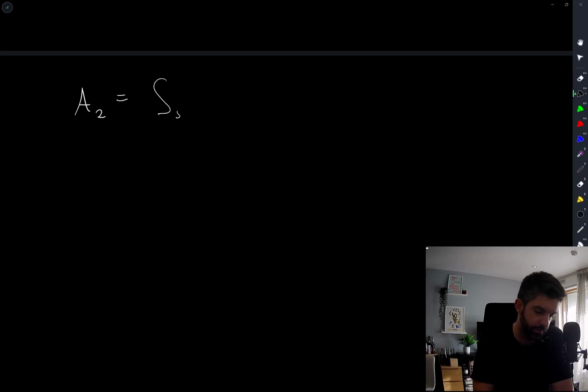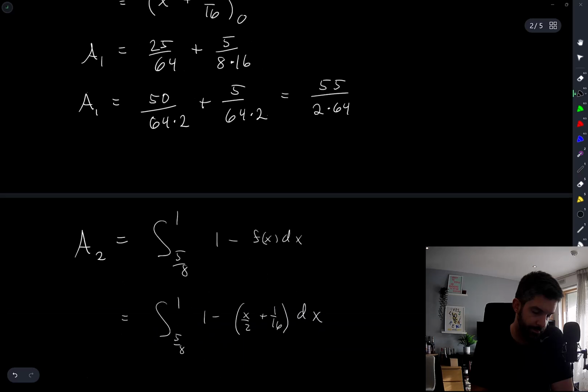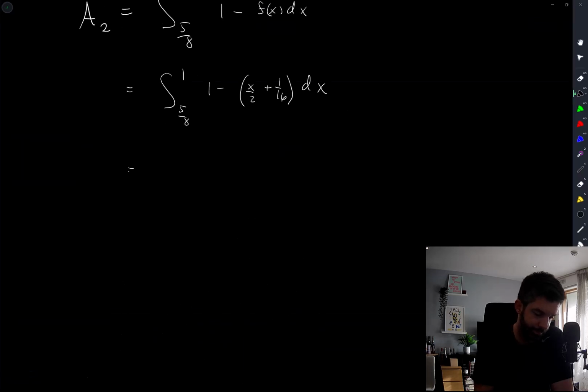Integral from 5 over 8 to 1 of 1 minus f of x dx. 1 minus x over 2 plus 1 over 16. One minus 1 over 16 is 15 over 16.